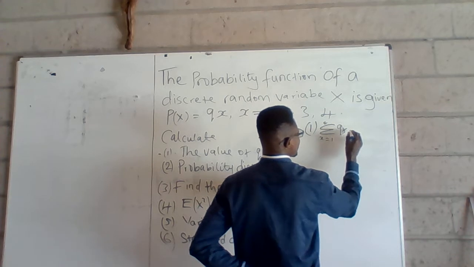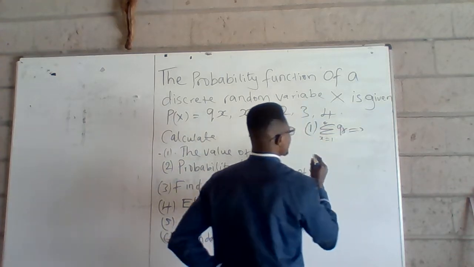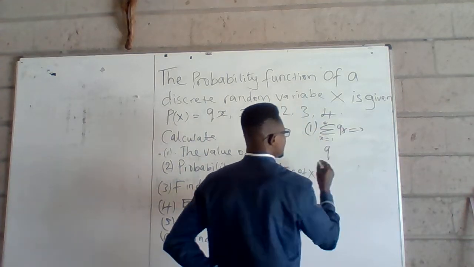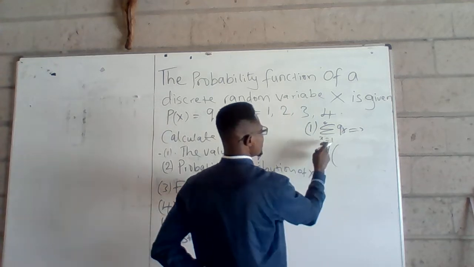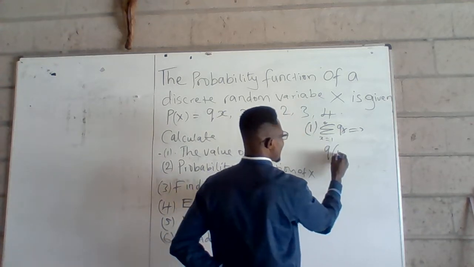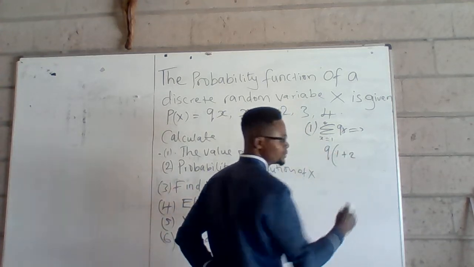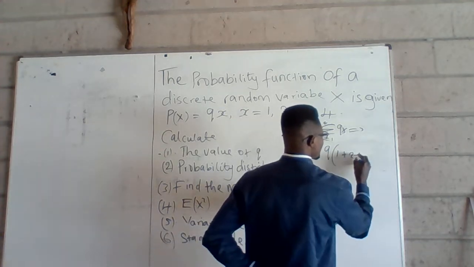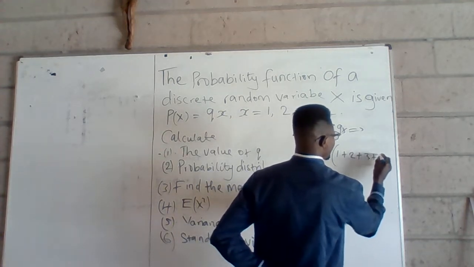This implies that we have q times the summation of 1 plus 2, summation means addition, plus 3 plus 4.